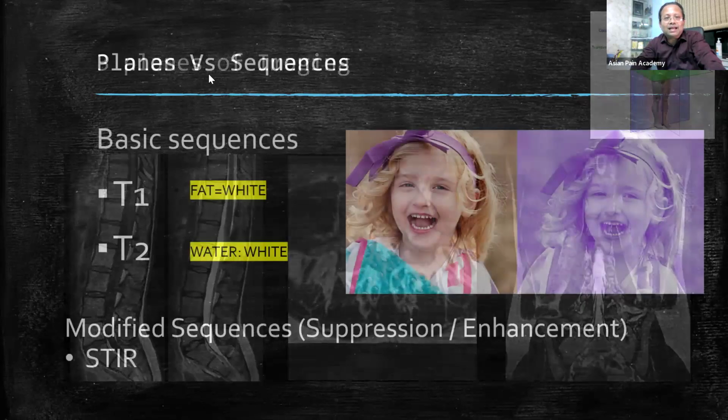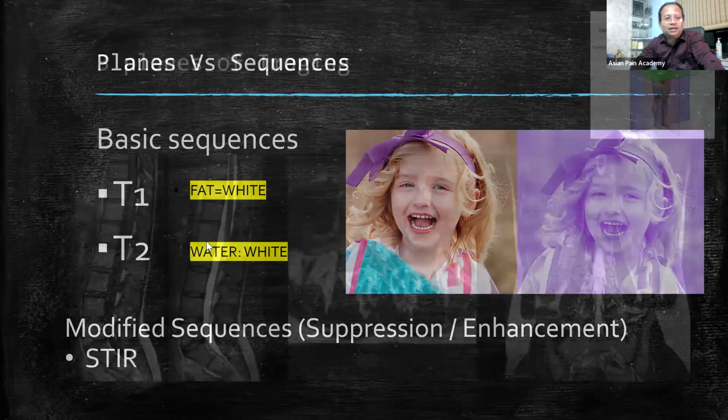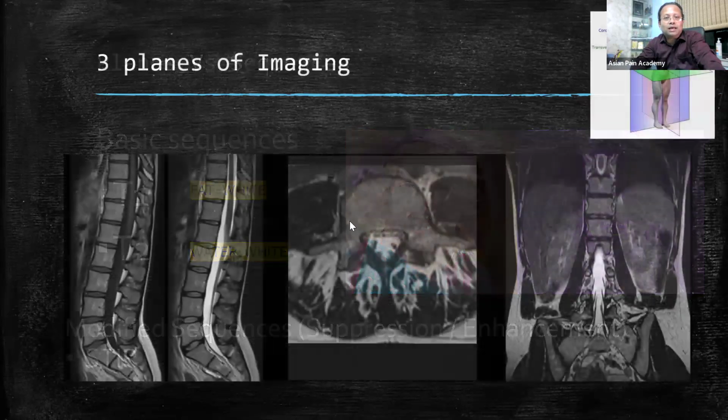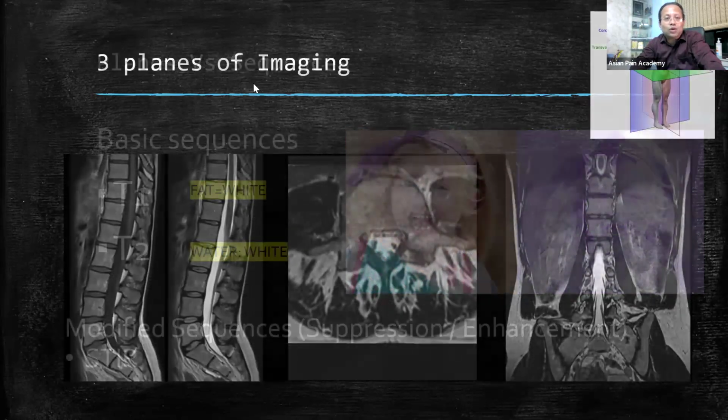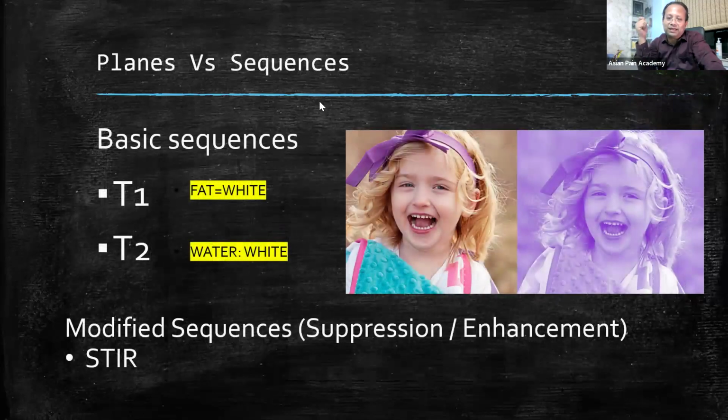There are planes versus sequences. Planes are the sagittal plane and the axial plane. What is a sequence? A sequence means seeing the same picture in a different color planning. In this girl's picture you can see different color planning, but it is the same girl. Remember the basic sequences, T1 and T2.